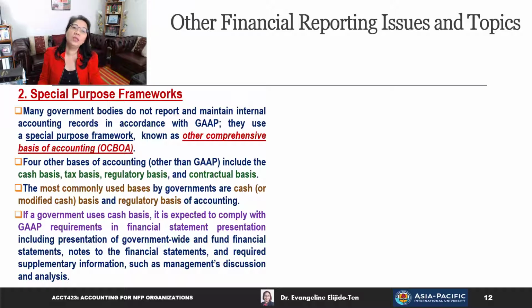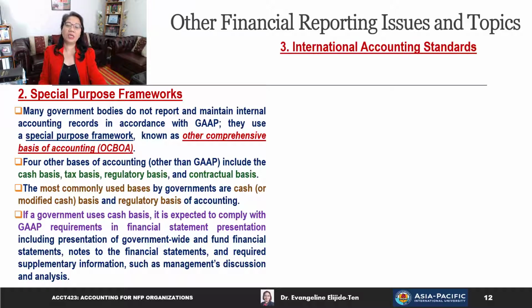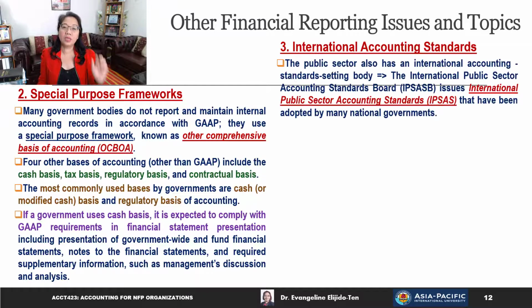All right. The third topic is on the issue of the international accounting standards. Now, in the for-profit businesses and organizations, there is what we call the International Accounting Standards Board that issues international accounting standards, right? Now, in the public sector where governments belong to, there is also an international accounting standard setting body.